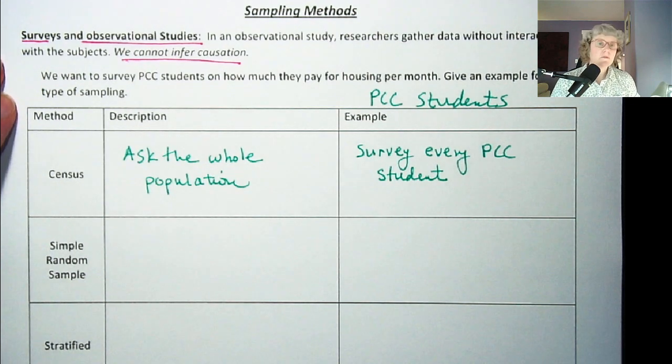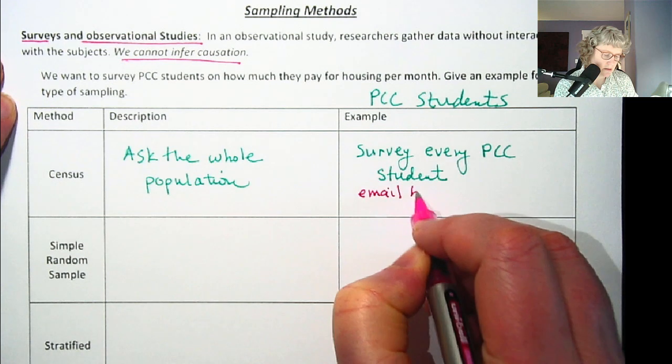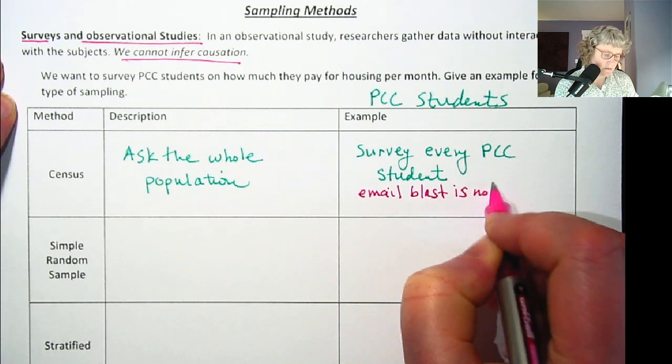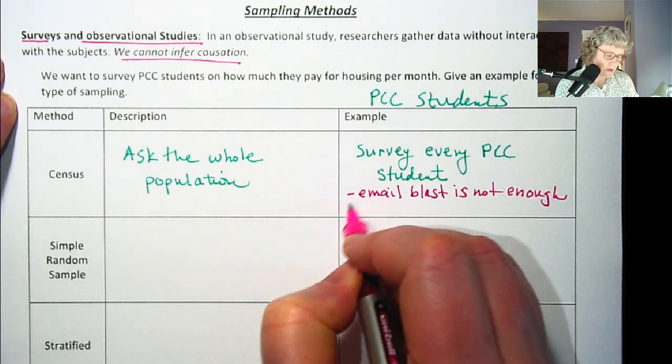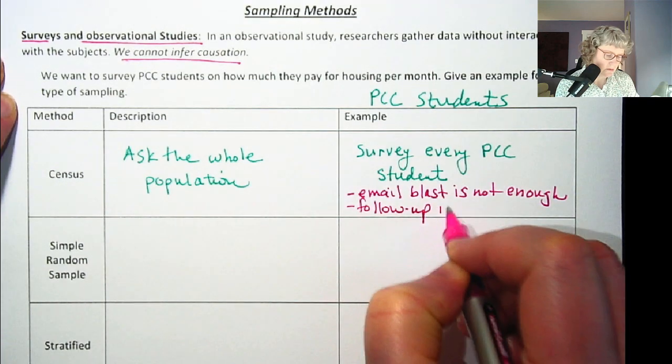You have to really do follow-up in order to ensure that you're getting a census. Email blast is not enough. Follow-up is key.